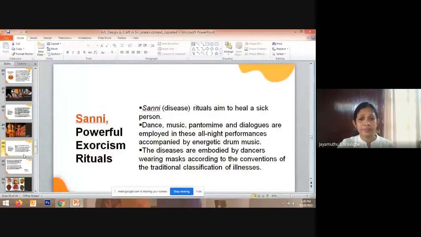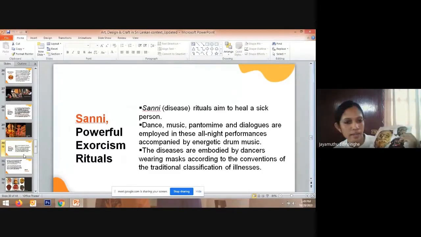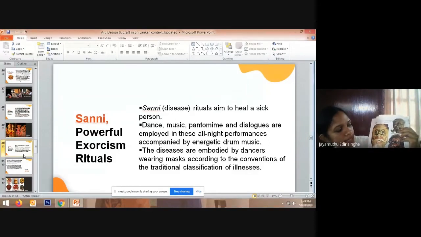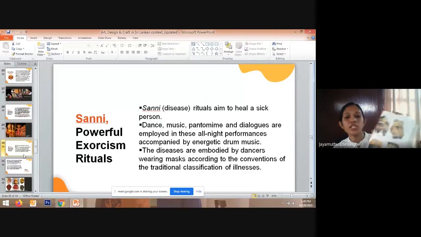The Sanni masks are actually to depict some of the sicknesses or diseases. There are 18 Sanni masks in the Sri Lankan mask tradition. Usually there are 12 masks called Pali masks. I'm showing them here, you all can see. These are Pali masks. There are 12 Pali masks which come at the initial stage of these mask performances, and they come and prepare the ritual space for offerings.